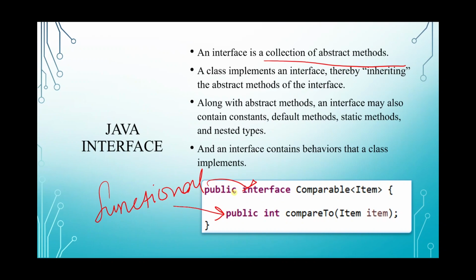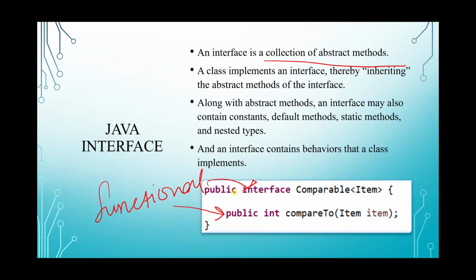Now, a class implements an interface, thereby inheriting every abstract method in this interface. That means this class must provide implementation to all the abstract methods. Now you're asking, what happens if this class does not provide implementation to all the abstract methods?